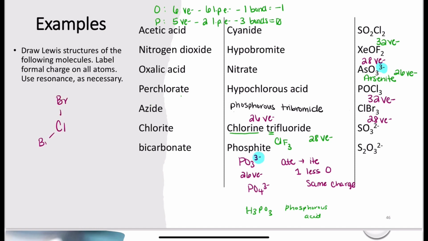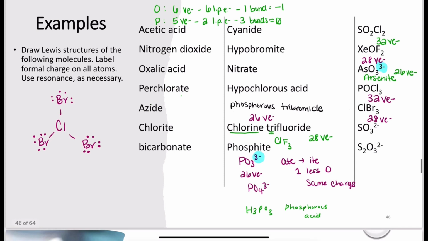Connect the Cl to the Brs. Give all of your outer atoms their octet: 2, 4, 6, 8, 10, 12, 14, 16, 18, and with what I've already used, 22 and 24. That leaves me with 2 sets of lone pair electrons on my central atom.